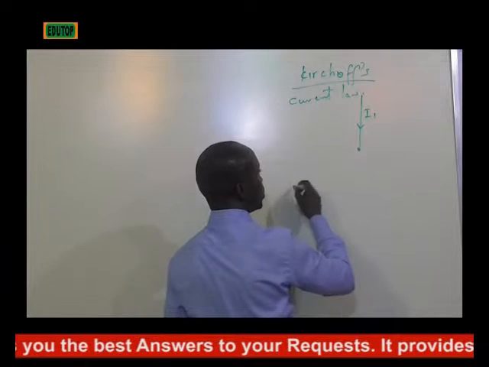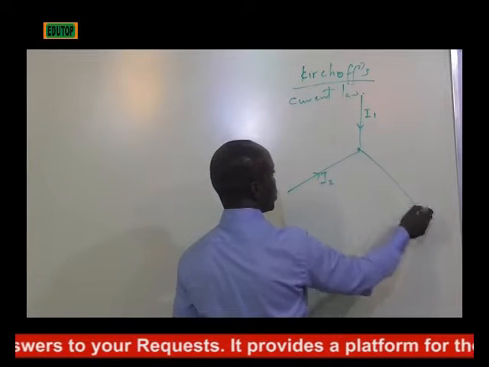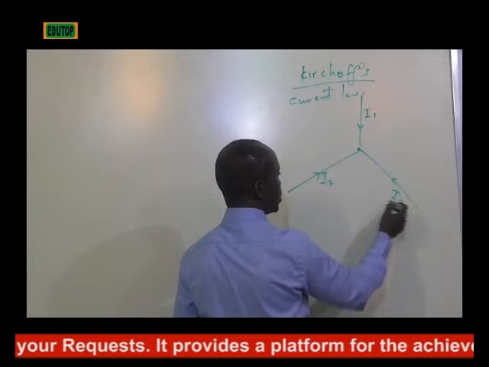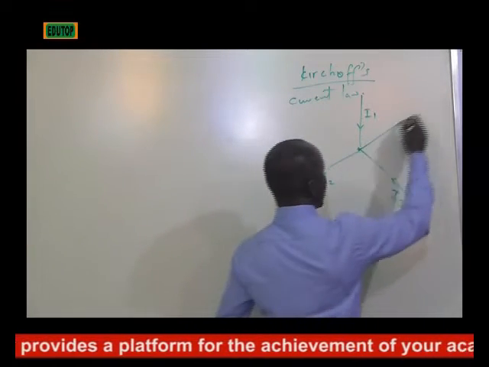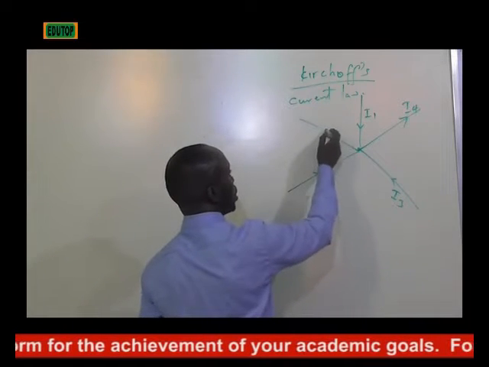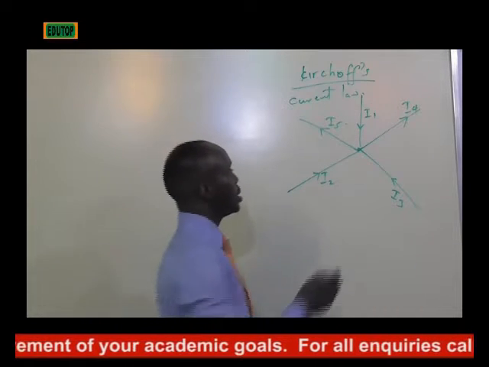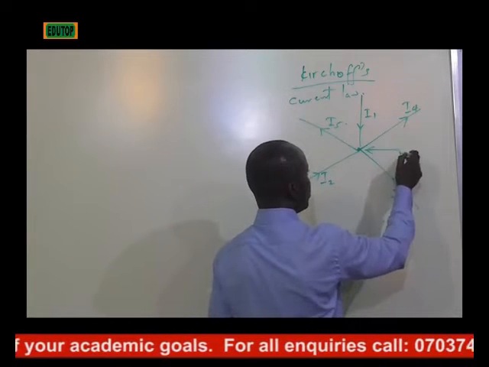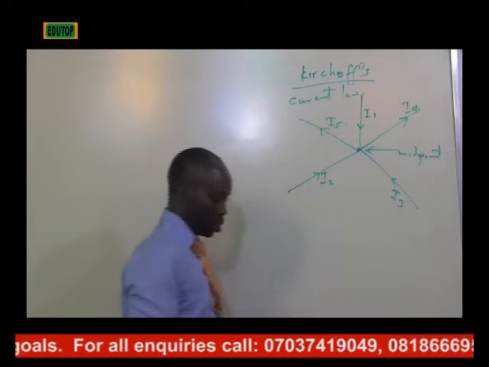Let's say this is I1. This is another I2. This is another I3. Are you getting it? Now, this is I4 and this is I5. Now you have to understand that this is the junction. This is the midpoint where currents are either flowing in or flowing out.